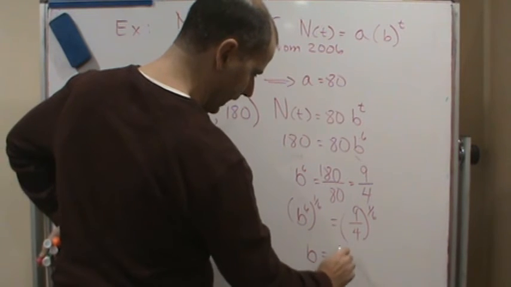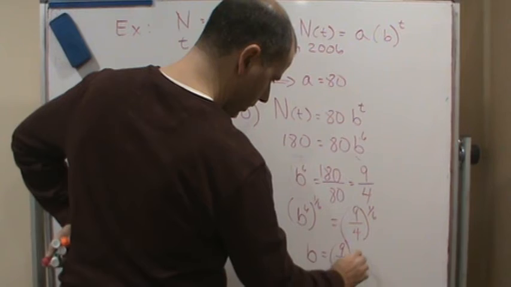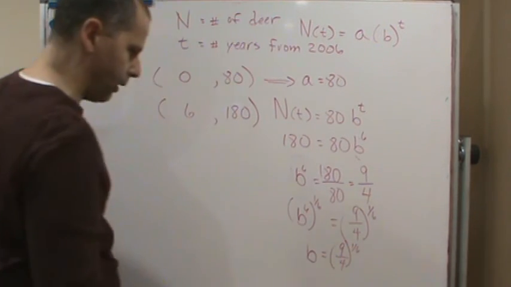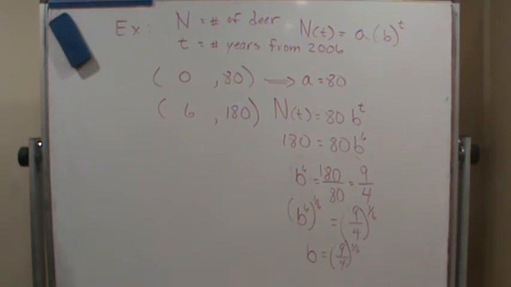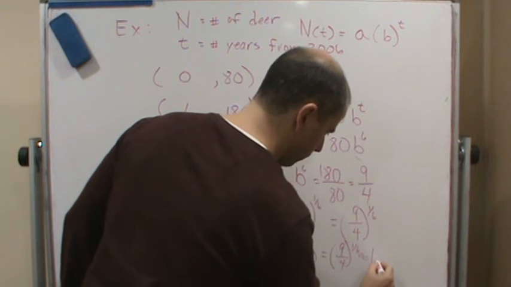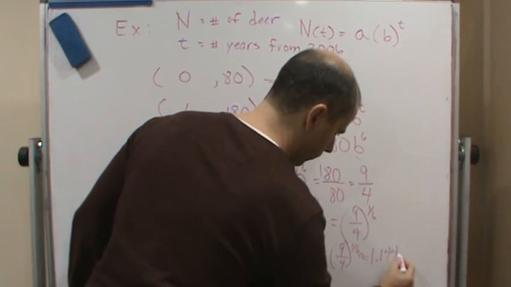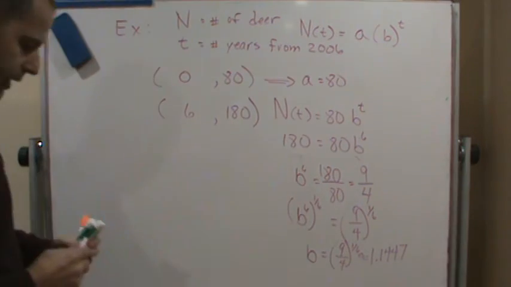And so we get b equals 9/4 to the 1/6 power. And now that's something we can plug into our calculator. And so b is approximately, to 4 decimal places, 1.1447. So that is b.